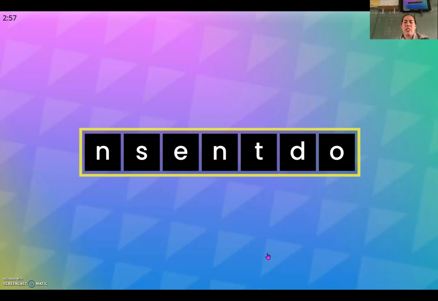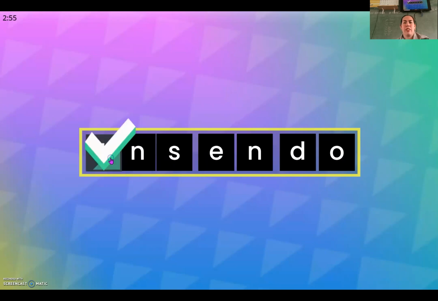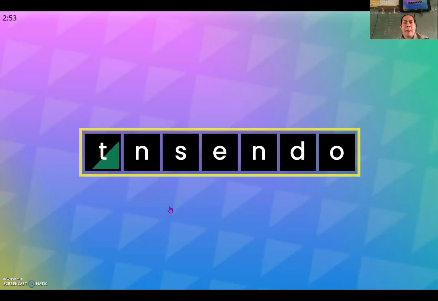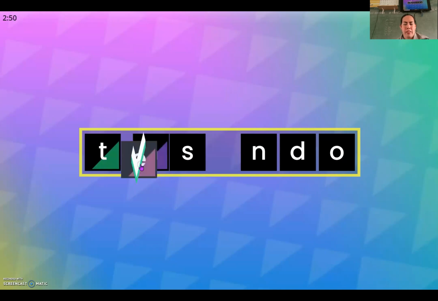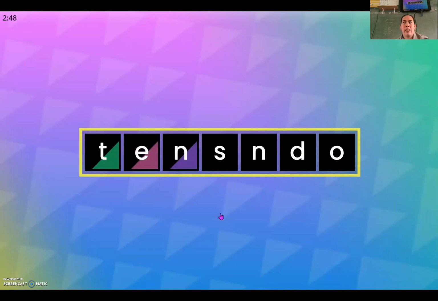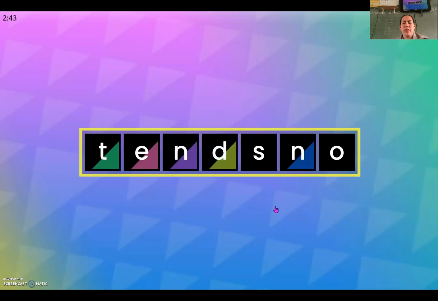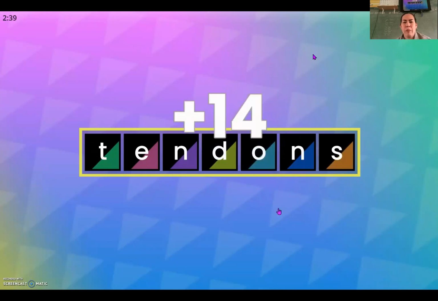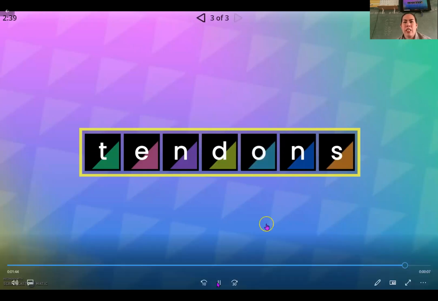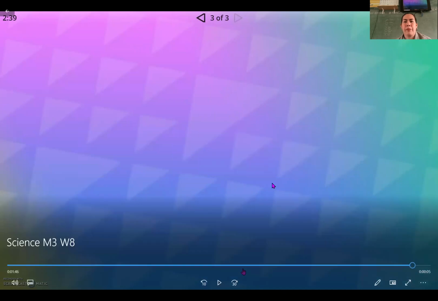T. Okay, let's get letter T. Next to T is? E. What is next to N? What is next to D? And we got N and S. Okay, good job, everybody. So that's our dictation for today.